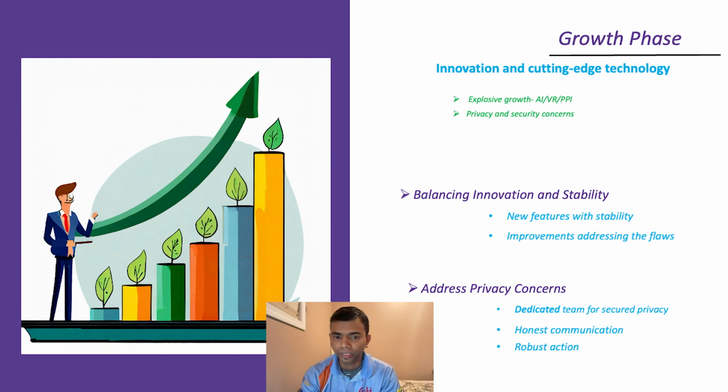We created a dedicated team to check all these instances, do the root cause analysis, and do CAPA, the corrective and preventive actions, to avoid such instances in future. Whenever there were instances of data breach or privacy concerns, we came up with honest communication both to the government and to the users through the platform.